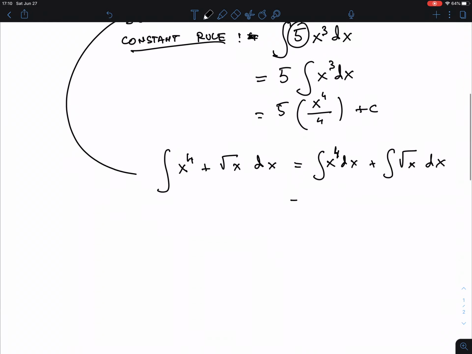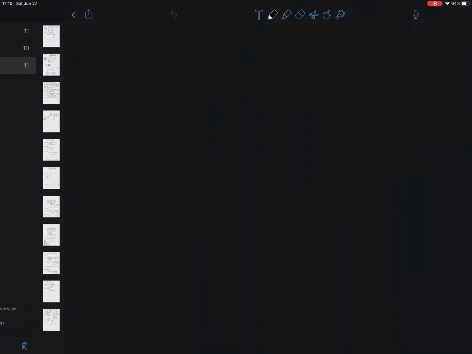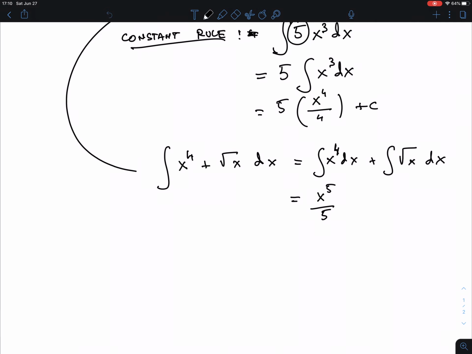Okay? All right, so x to the 4th, I add 1 to the exponent, divide by it, because that's the power rule. Oh dear, radical x. What to do with radical x? Sorry, it sometimes freezes. Well, I just said, you can write radicals as exponents.